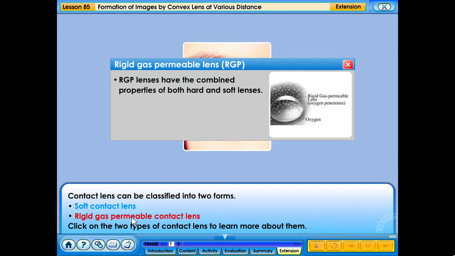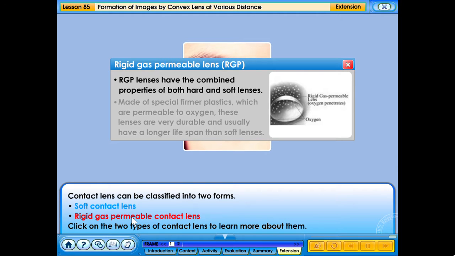RGP lenses have the combined properties of both hard and soft lenses. Made of special firmer plastics which are permeable to oxygen, these lenses are very durable and usually have a longer lifespan than soft lenses.